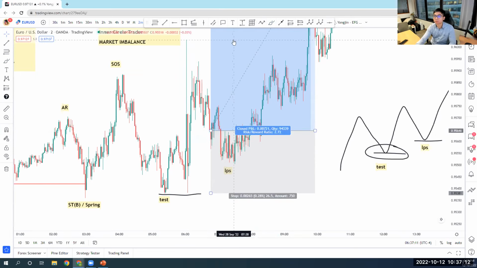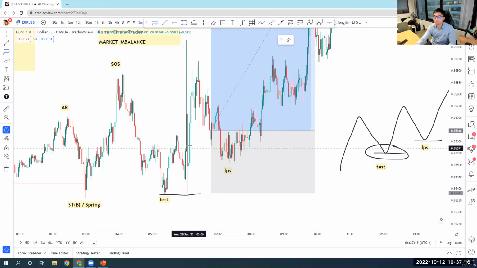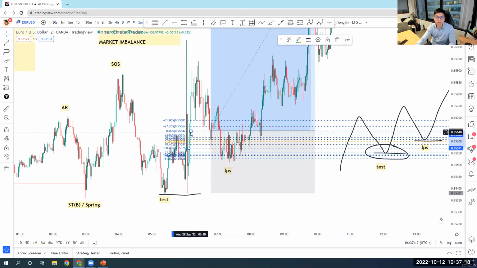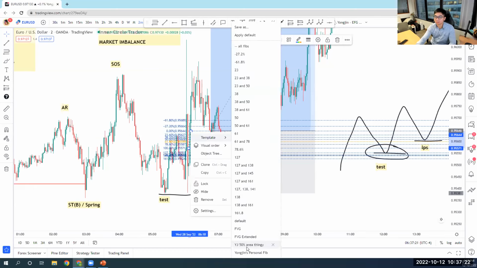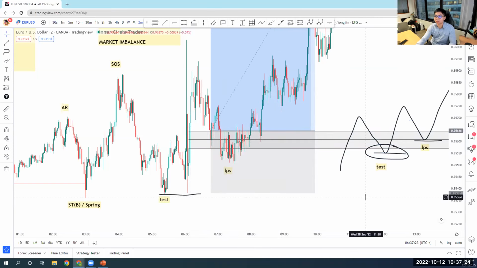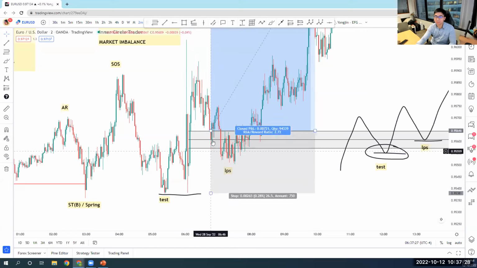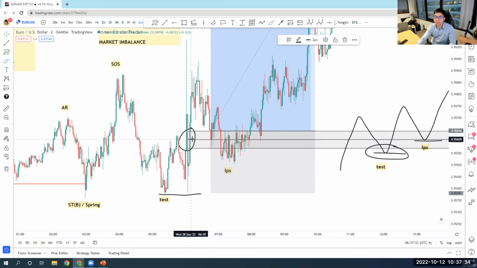So let's take a look. Fibonacci line. It looks messy, right? No, I'm using my template. 50% area. Take a look. If you want to know the settings, what I like to do is sometimes enter at the market imbalance and at the 50% mark, the 50% area.